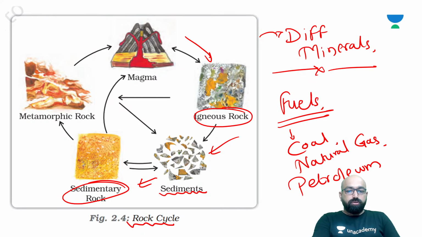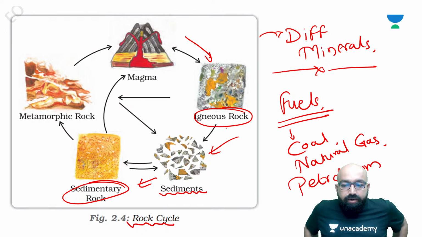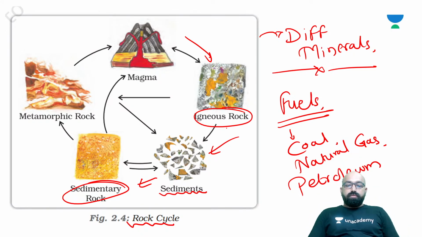So we have discussed the interior of the earth, like crust, mantle, and inner core. Then continental and oceanic crust. We have discussed the Sial and Sima, the parts of the continental mass. Then we have discussed rocks and minerals.